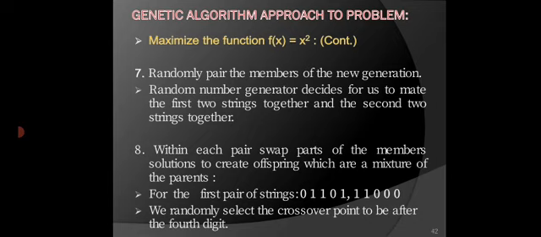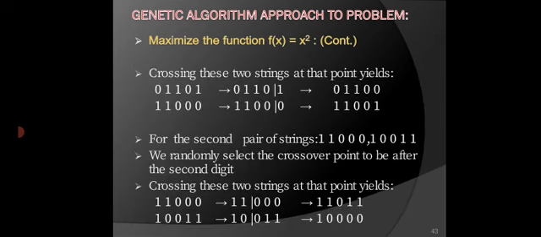Now our next step is to create offspring, right? For the first pair of strings, 01101 and 11000, we randomly select the crossover point to be after the fourth digit, right? Crossover point after the fourth digit.